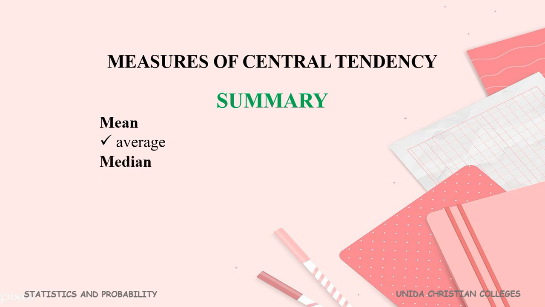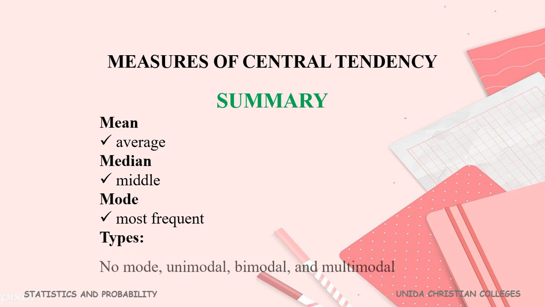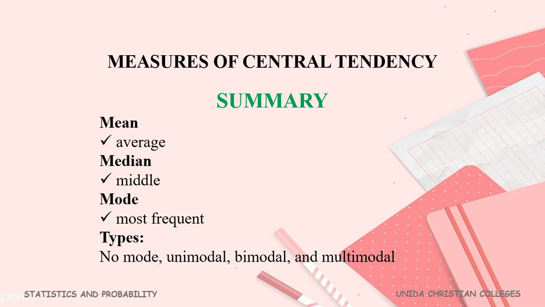Next, for the median, ang keyword po natin dito is the number that is in the middle. Nasa gitna po. Ayan, median. And last is for the mode po. Ang tatandaan naman po natin dito is the most frequent. Okay? Ayan. And for the types, we have no mode, unimodal, one mode, bimodal, two modes, and multimodal po, which is many modes.